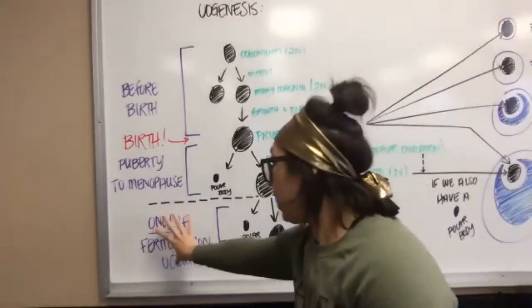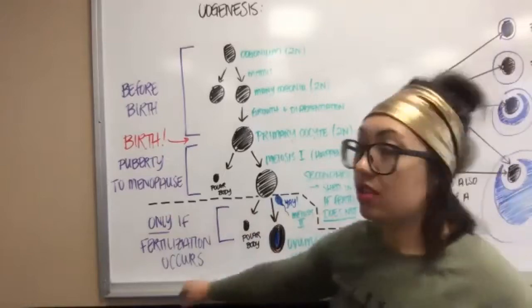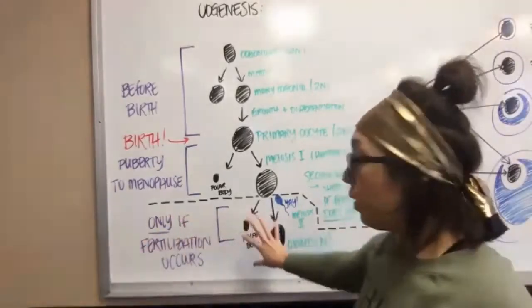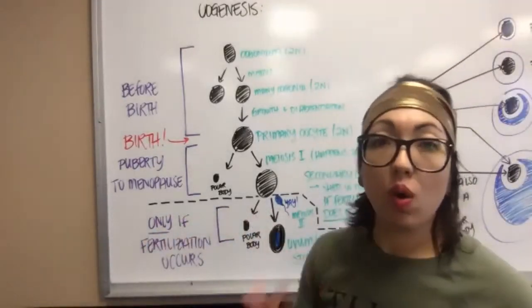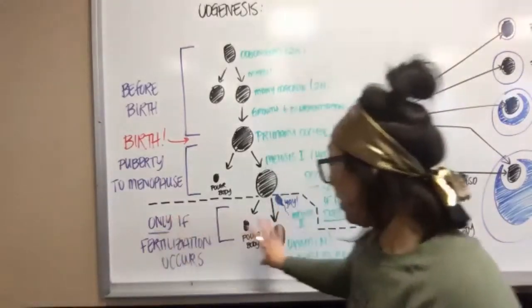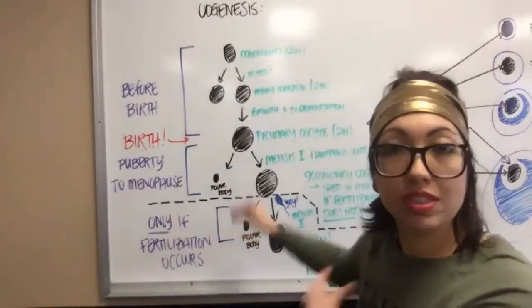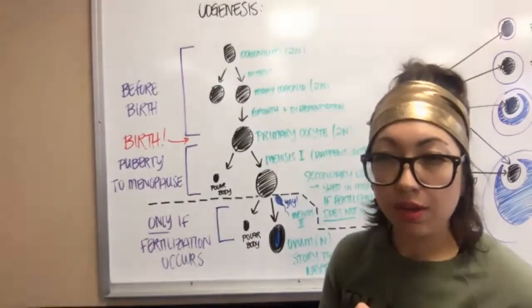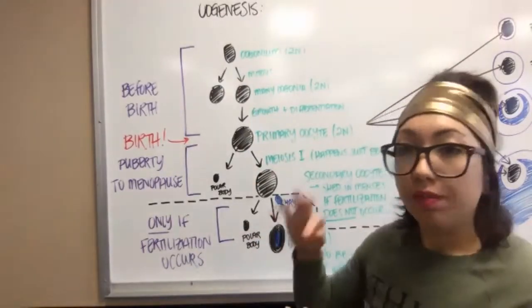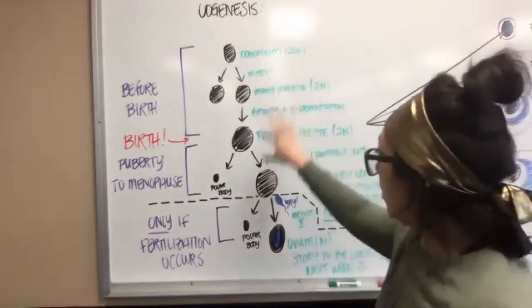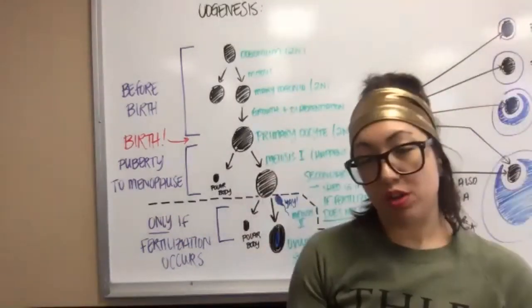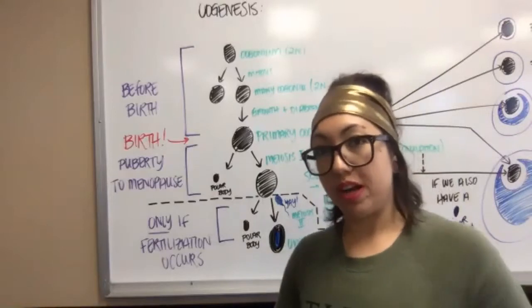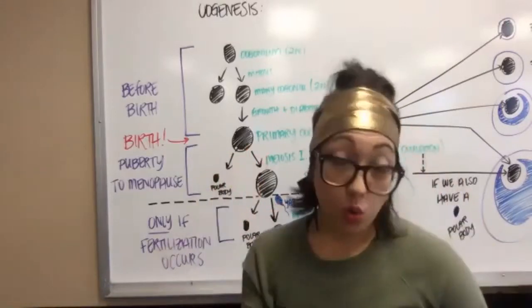So the way I like to think of this is women who have been pregnant are the only ones who have ever gotten to this stage of the flow chart. Does that make sense to you guys? You can see the arrows and the pictures, they look similar to what we looked at with the sperm production, but it is quite different.